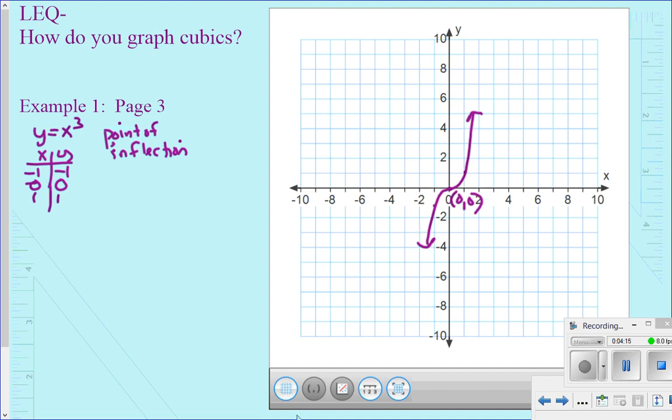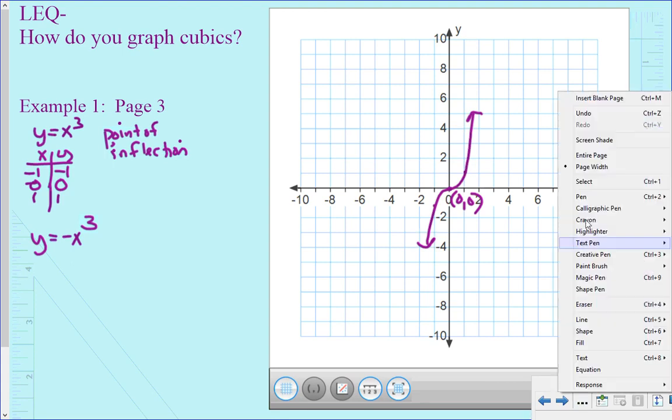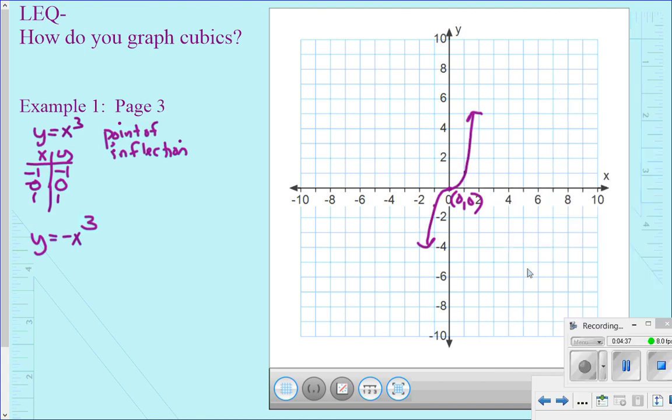Okay, so then the next thing it asks you to do is to graph y equals negative x cubed. So we know from our experience with parabolas that we're just going to take our graph and reflect it across the x-axis. So think about that. If I reflect this graph across the x-axis, I'm going to change pen color here. Then this point here, which is currently at 1, 1, is now going to be down here at 1, negative 1.